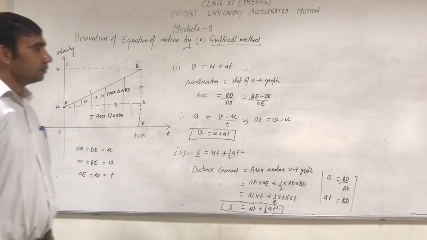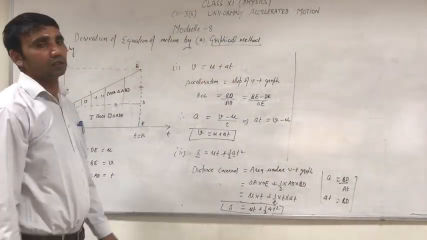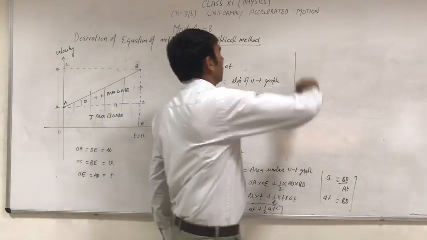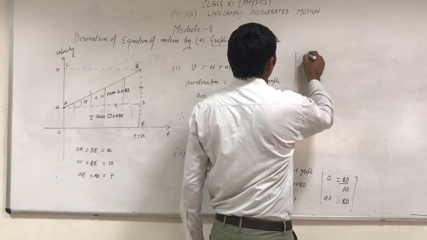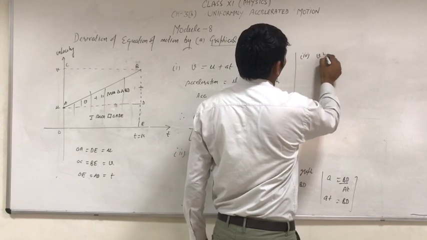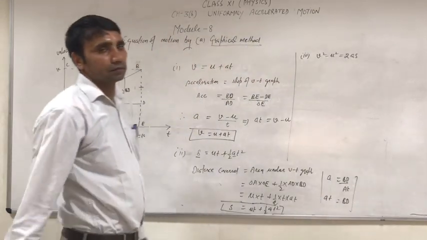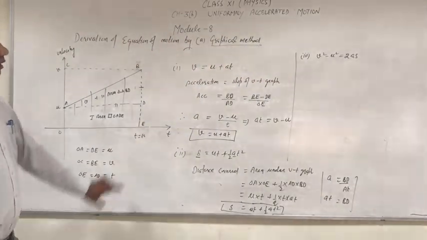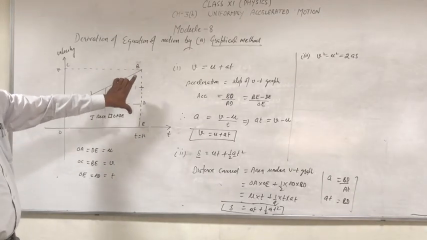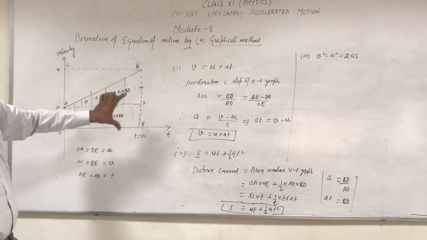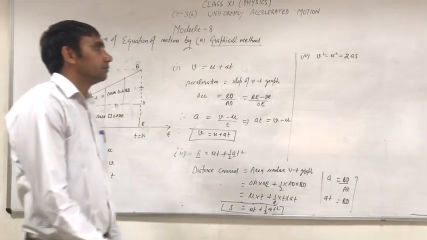Now, the third equation of motion: v square minus u square is equal to 2as. The area under the velocity-time graph is equal to the distance covered by the object in that time interval.